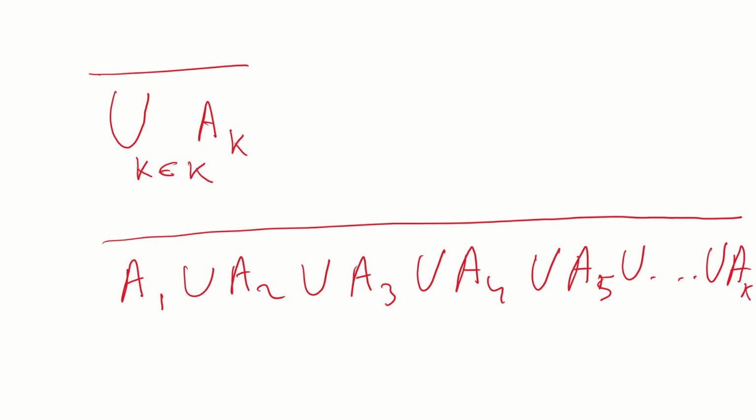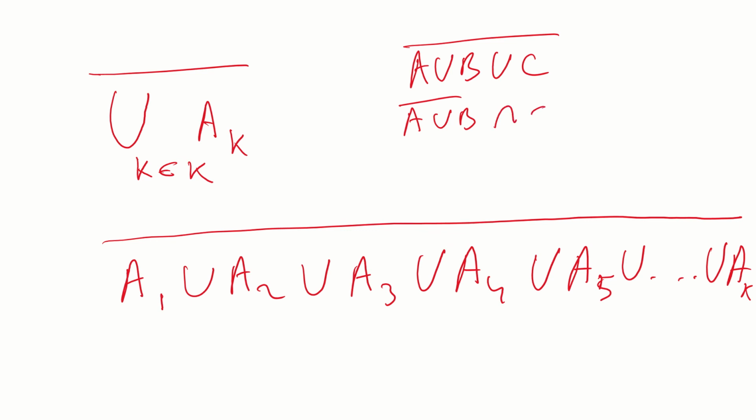So if you have, let's say, A union B union C complement, it is going to be A union B complement, and then intersection C complement first. Then if you apply the complement on this, so basically I keep the first part, then apply the complement on the second part. Then if you apply the complement on this, you're going to have A complement intersection B complement, then you get this complement.